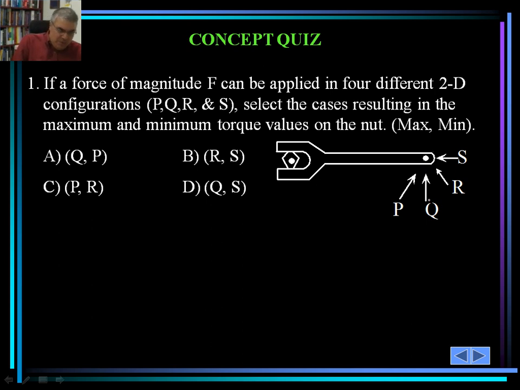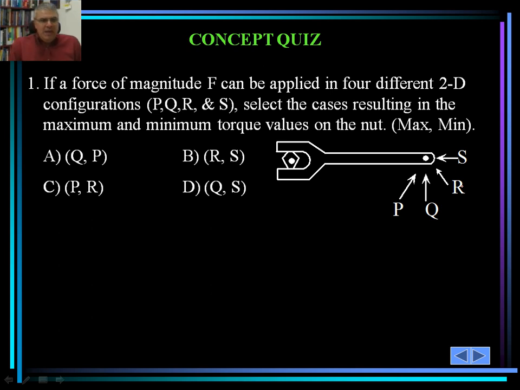Q could be perpendicular upward. R would be at an angle upward, and S would be toward the bolt or what have you. The line of action of force S is going to go through the bolt.